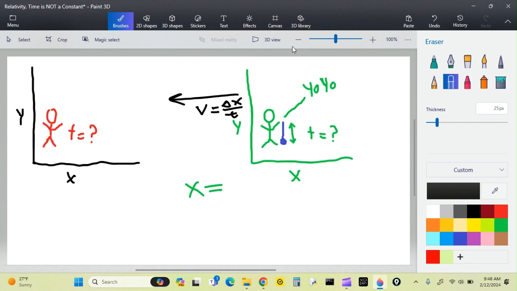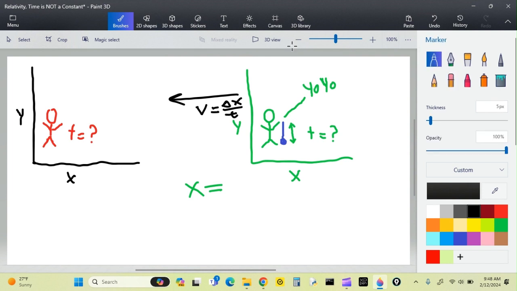The green x equals x minus vt. Let's see if that's enough to absorb now. The green x, as far as x is concerned, in other words, where this guy is, not standing still with respect to time, is x minus vt.